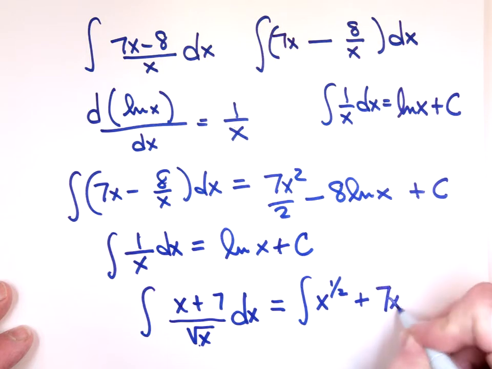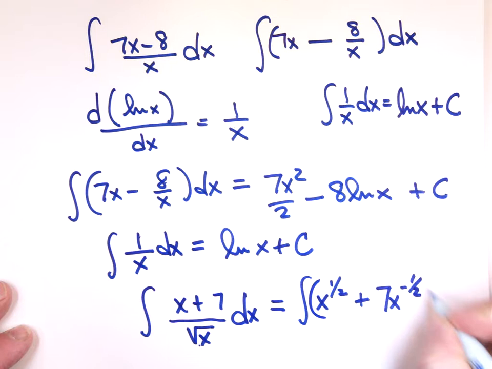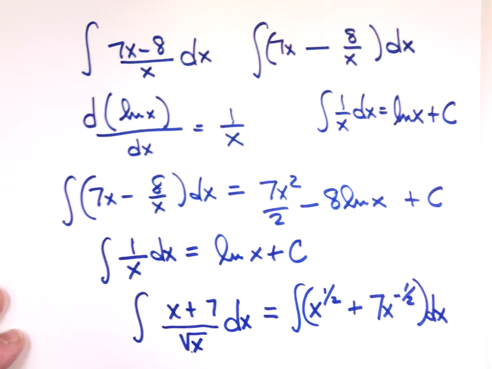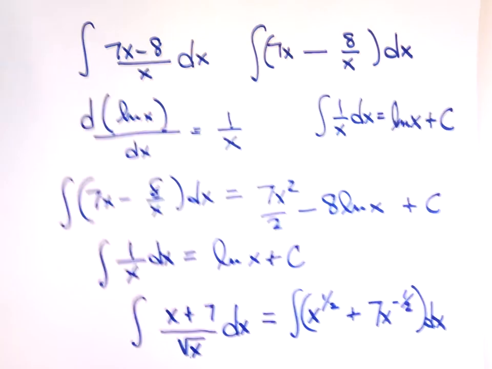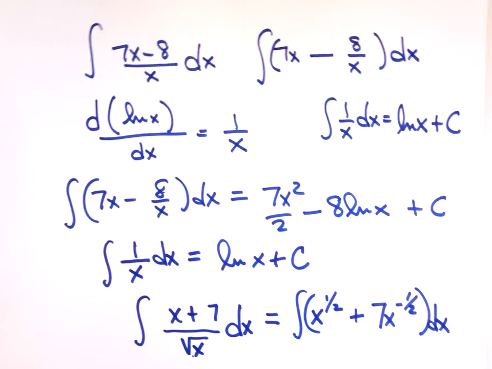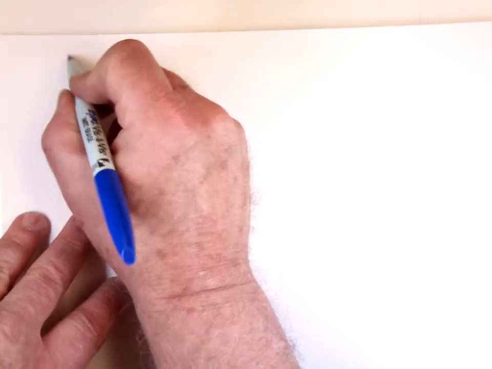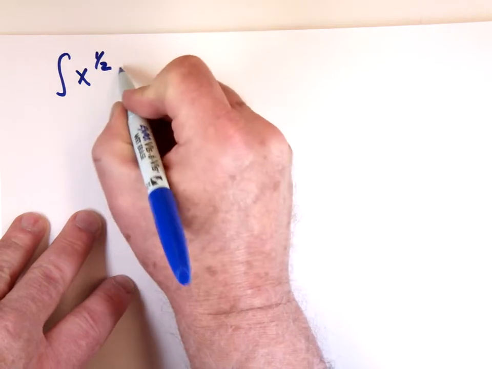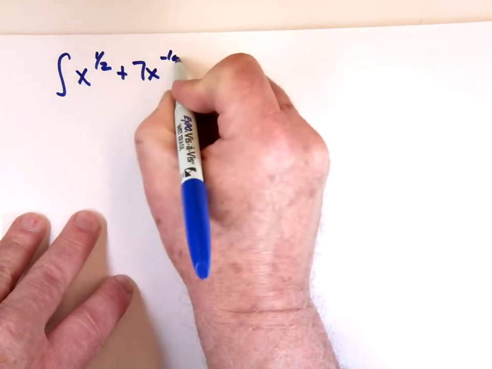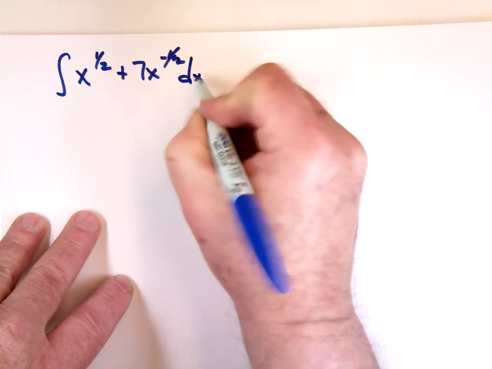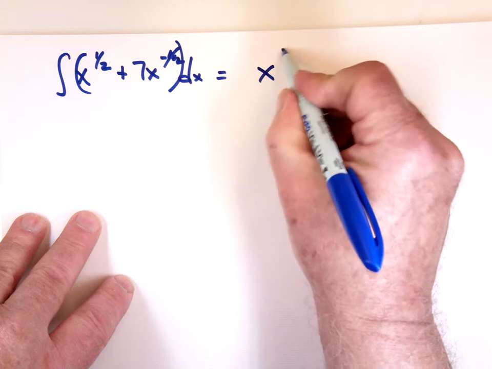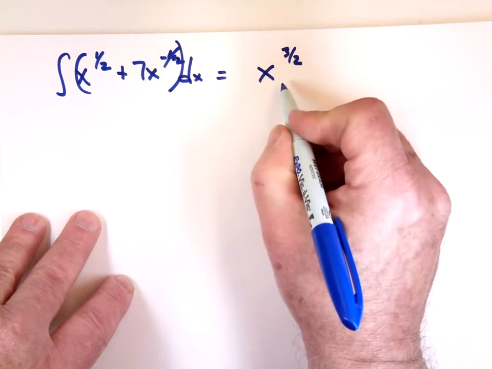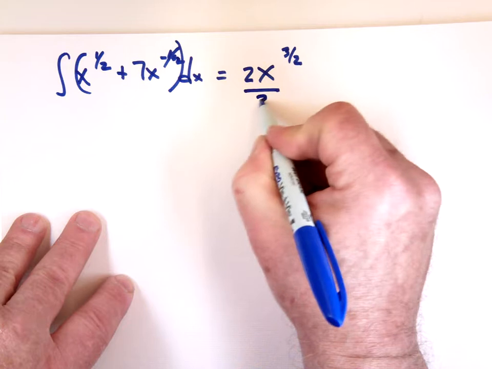Okay? And now do each one separately. And we have a rule for each one of these. Is everybody okay with this? The rule is: add 1 to the exponent, which gives you 3/2, divide by 3/2, which is multiplying by 2/3.